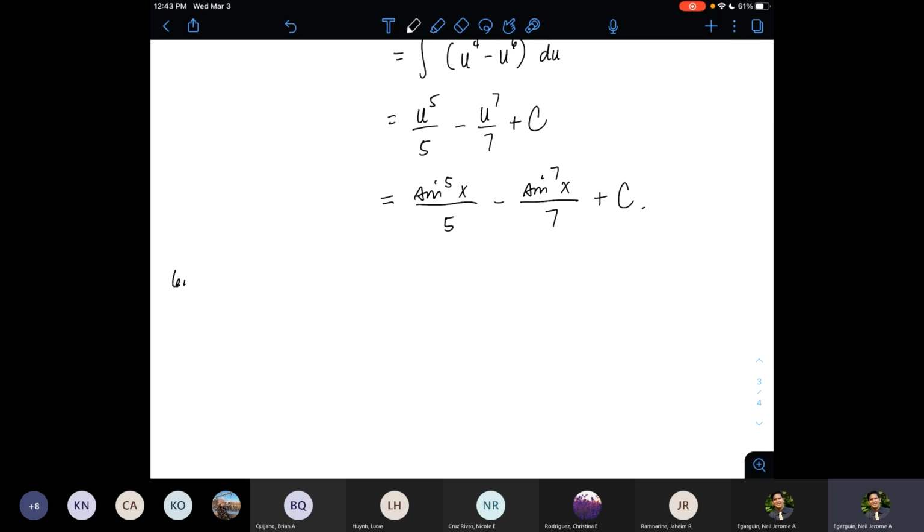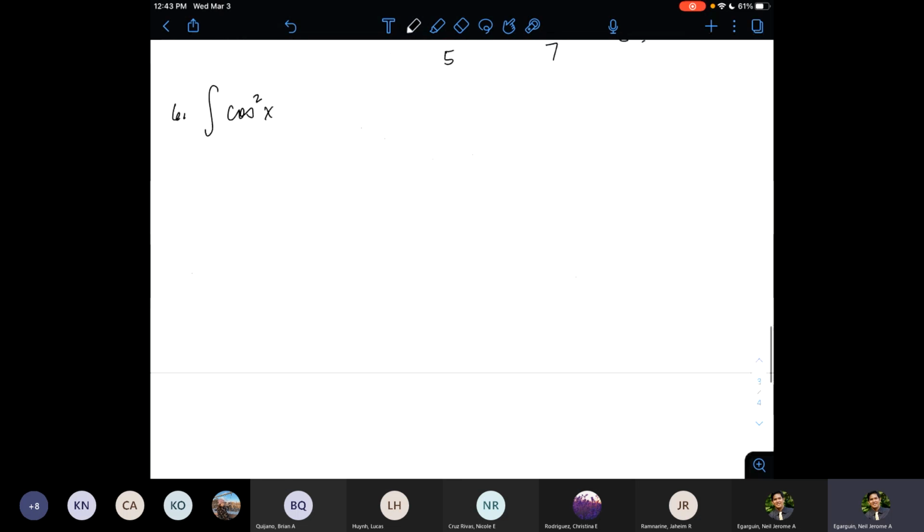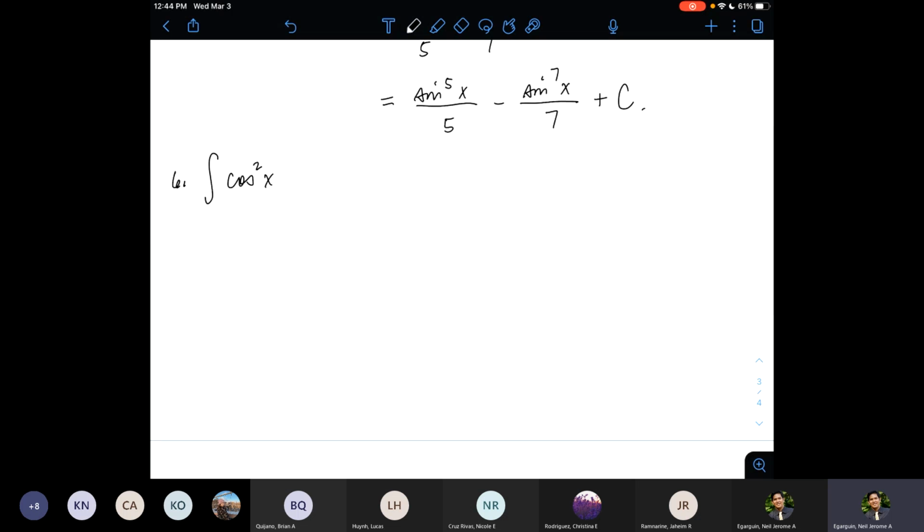So problem 6, integral of cosine squared x times sine of 2x dx. Here we don't have the form of a product of two powers, because here we're multiplying a power of a cosine times sine 2x.